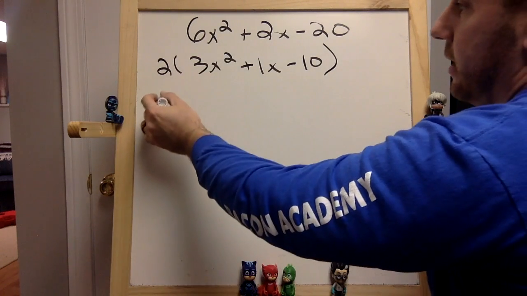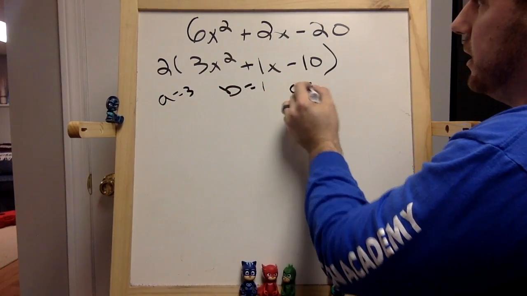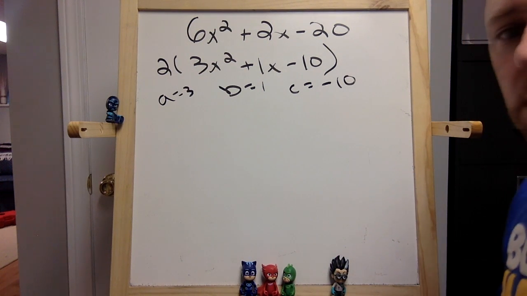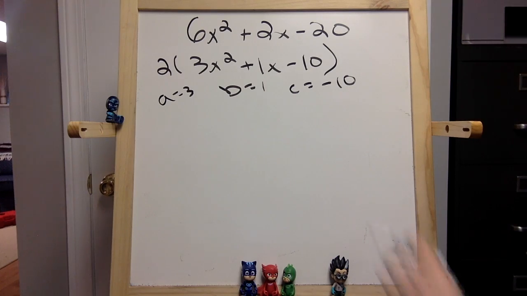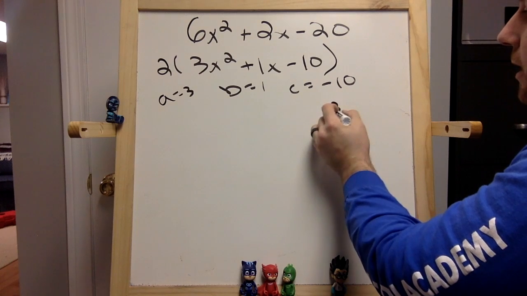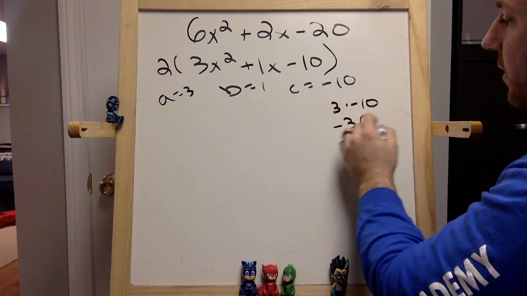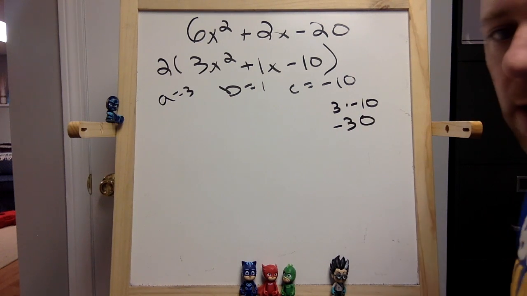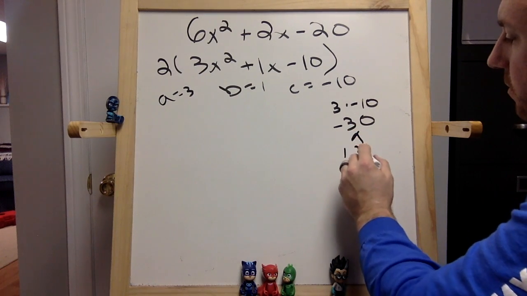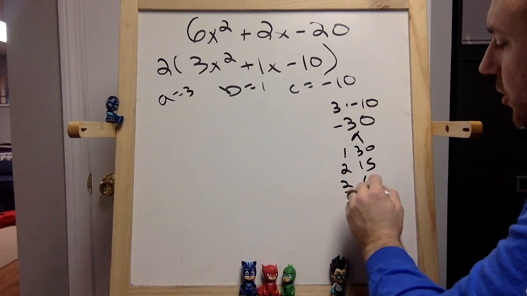So now my A is 3, B is 1, C is negative 10. Now I have to do my A times my C, which is 3 times negative 10, which gives me another negative 30. So now that negative 30, I break down into all my factors.